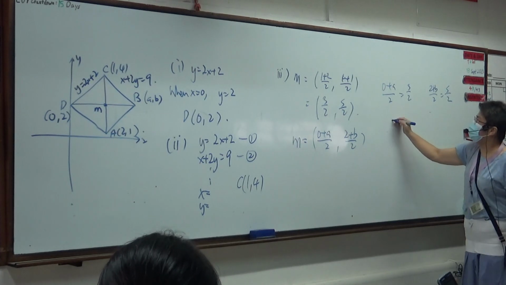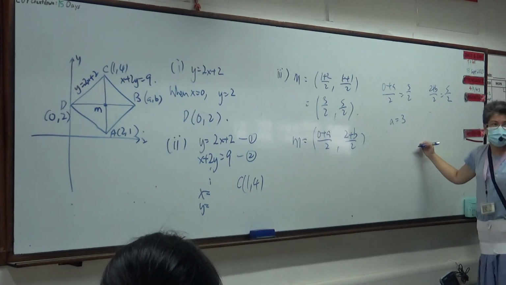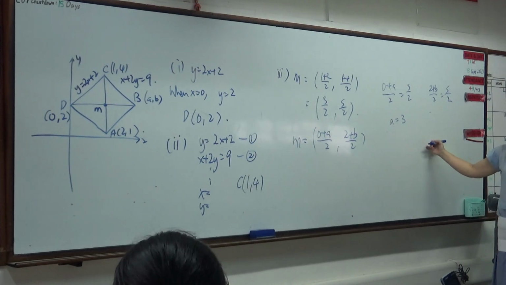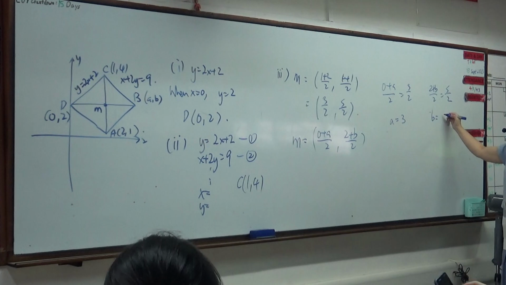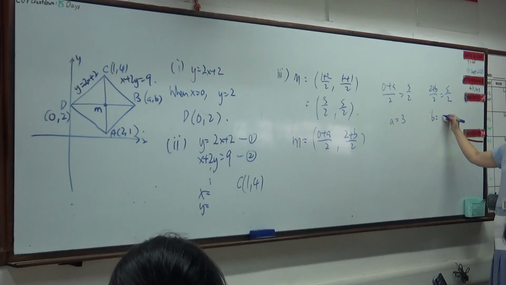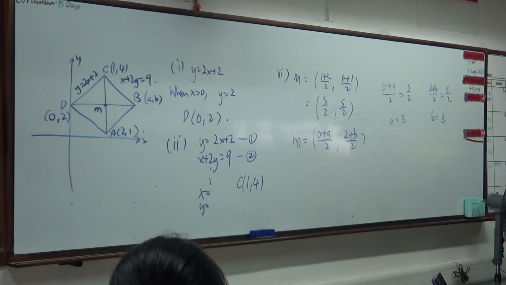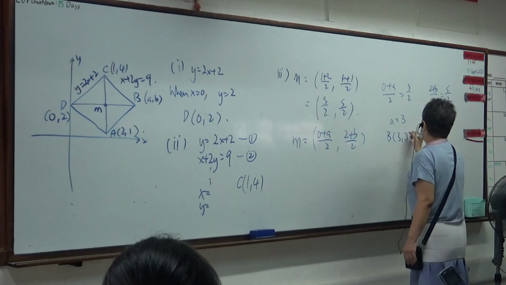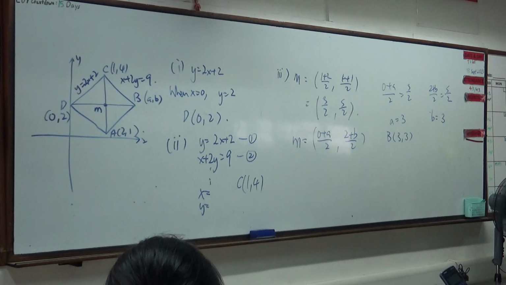Now, this one will give me a as 3, right? You can see? a as 3. What about this one? b is also 3, right? You can see it. So what's the coordinate of B? 3, 3. Am I right?